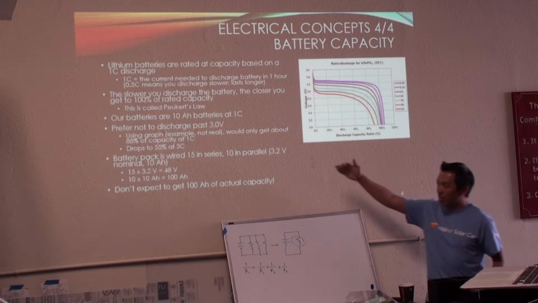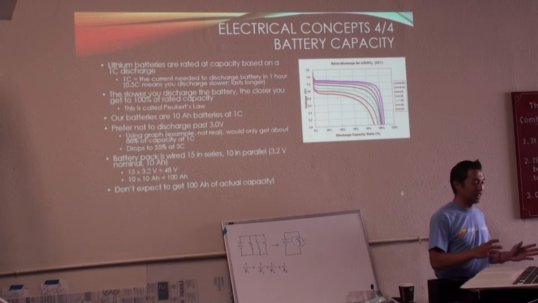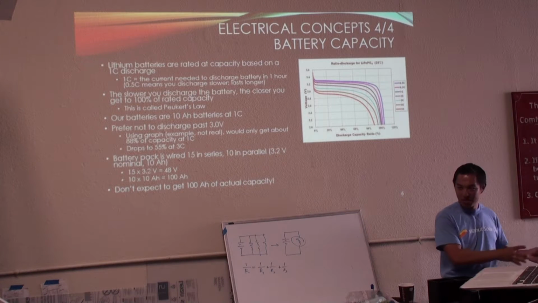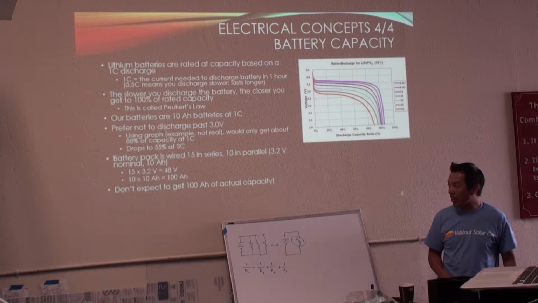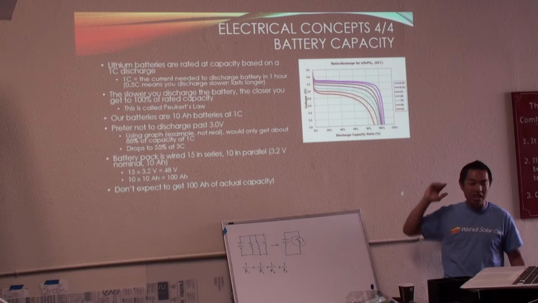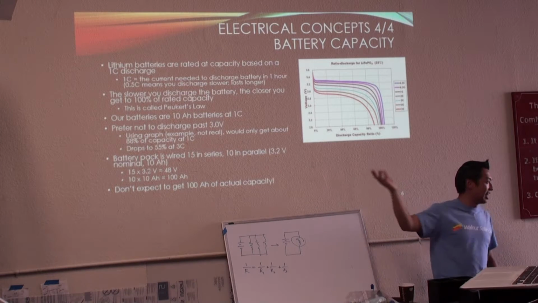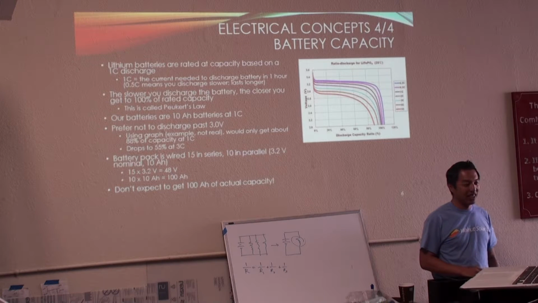So that's how it is. You wire in series and wire in parallel. That's why we talk about wiring things in series, wiring things in parallel. You boost your voltage and current accordingly. Okay. And of course, that means that we have 48 volts at 100 amp hours, but like we said, we're not going to get 100 amp hours of actual capacity, right?